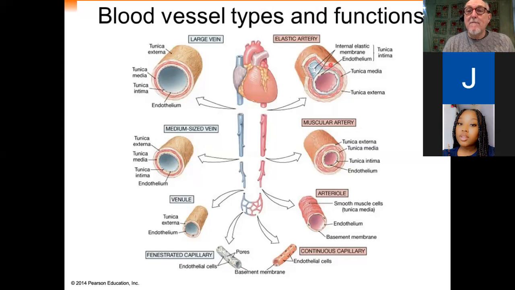But here's the same layers, Tunica Externa there, but in the case of arteries, it's thick and tough. Here's the Tunica media here, and in the case of arteries, again, it's thick. And here's the endothelial cells, they're not that much different to the veins, but close to the heart, these vessels have an additional feature, and that is they have a tough elastic layer.